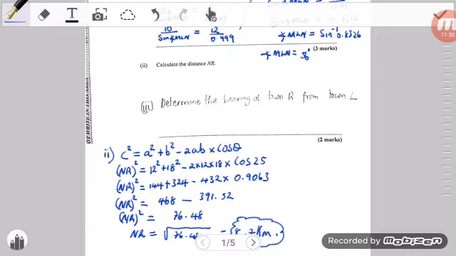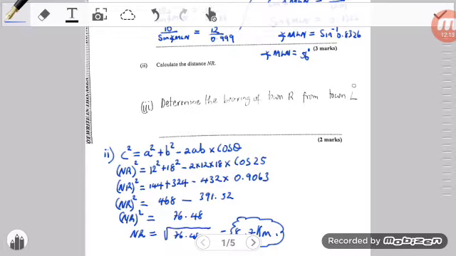So let's move on now to part 3, the last part in this particular question. We are looking to determine the bearing of town R from town L. Now, one of the primary rules when it comes to determining the bearing of point A from point B is, number one, a north line needs to be established at the location coming after the word from.